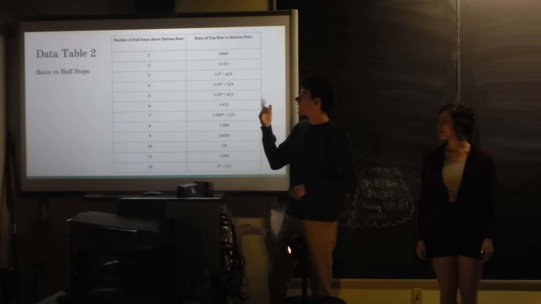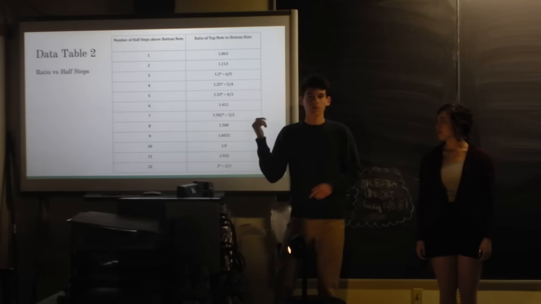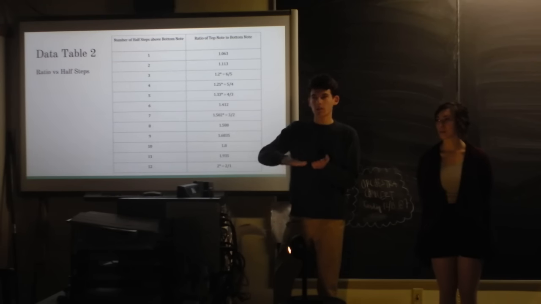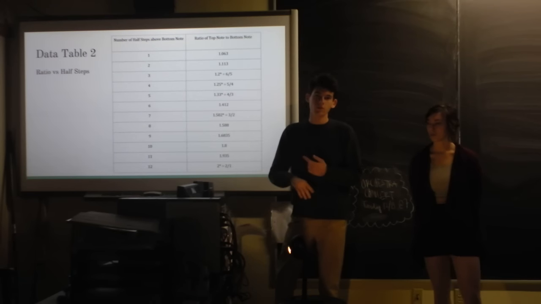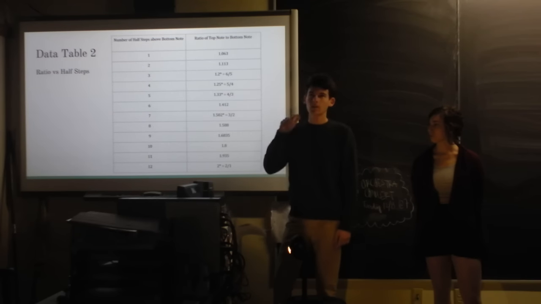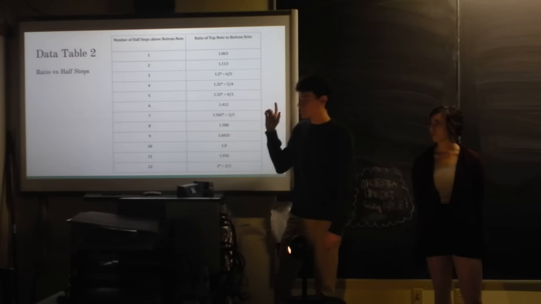So then we made a table of half steps and the ratio. A half step is the smallest distance between notes. If there's a note, then the note just above or just below it is a half step away. We divided the frequency of the top note by the bottom note for each half step, and we got all these ratios.